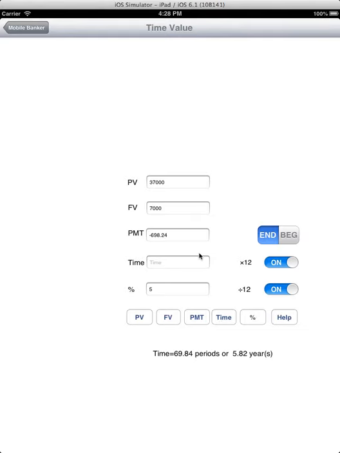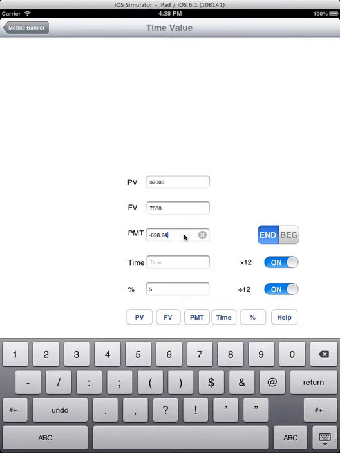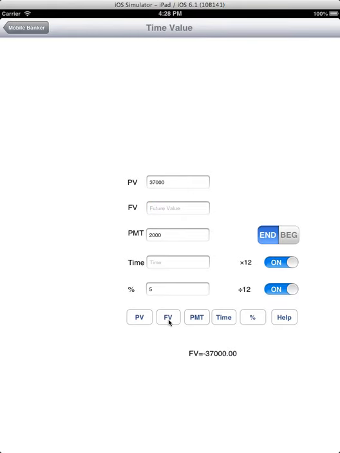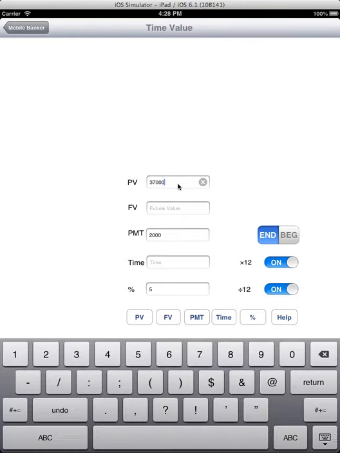Okay, we got that. The payment can occur at the beginning or at the end. Say I have $200, and we want to calculate the future value. So that's what we did. Say future value is 3000, and present value is minus 100, and time is 5.